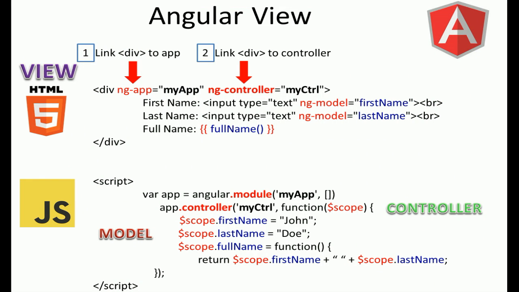In review, declaring ng-model binds the HTML input values with the scope properties identified by ng-model. In other words, ng-model sets up a link between the scope properties firstName and lastName and the HTML input element values for first name and last name.